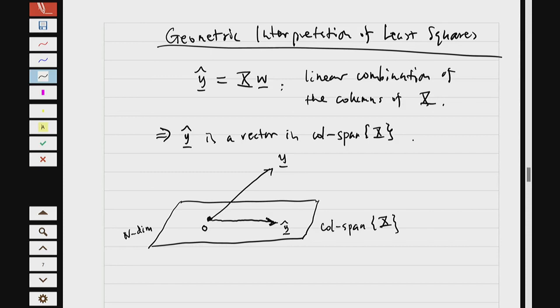We want to find y hat, right? And we know that y hat is in the column span of X. It has to be in this space. Where should I put this y hat so that the distance between y and y hat is shortest? Because we want to minimize that 2 norm squared, right?